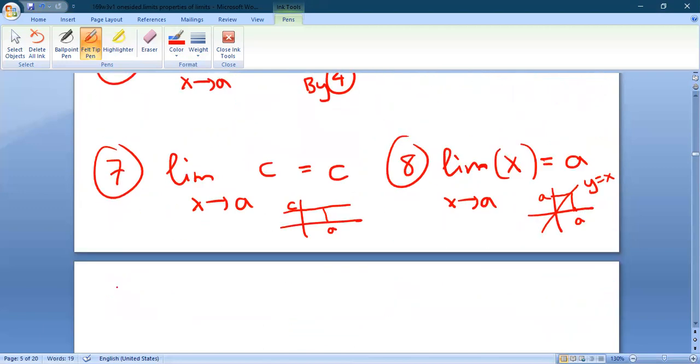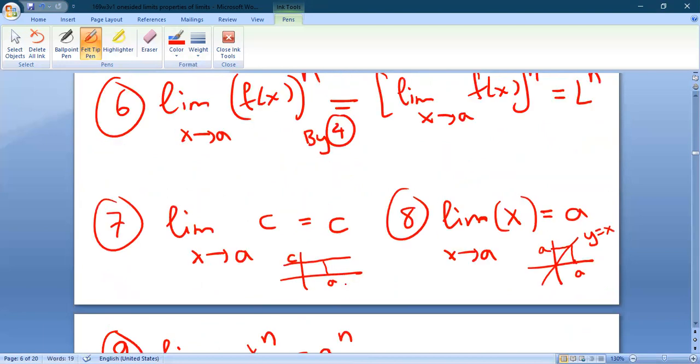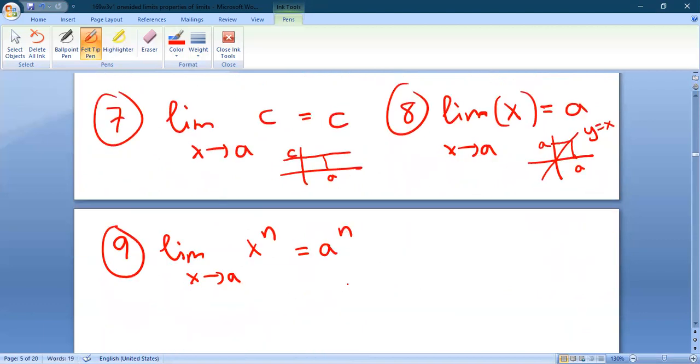And then another law is the limit as x goes to a of x to the n is a to the n. Again, you can use property 6 and property 8.